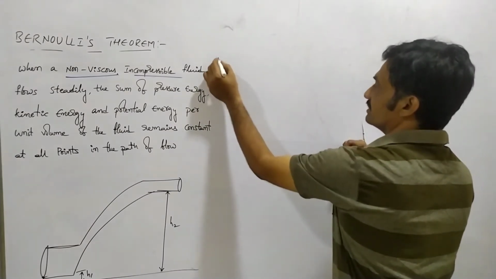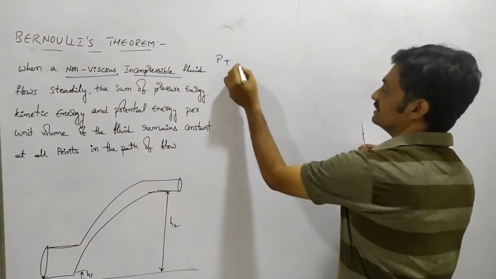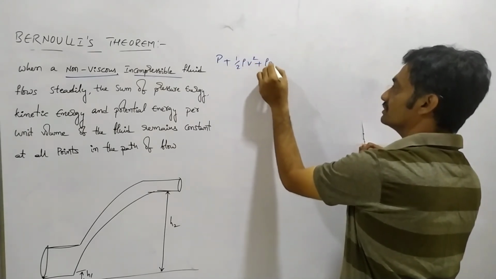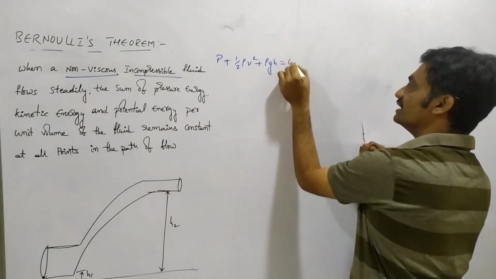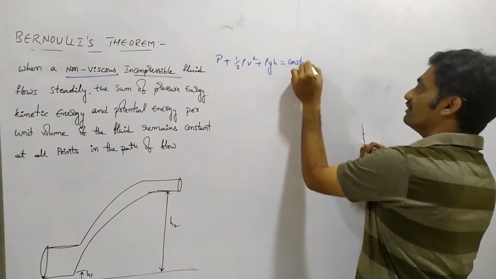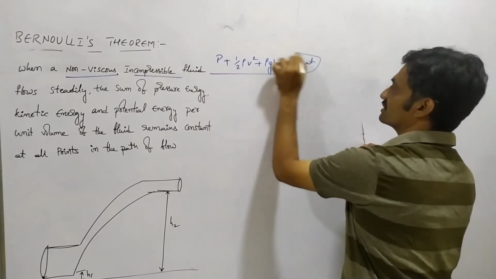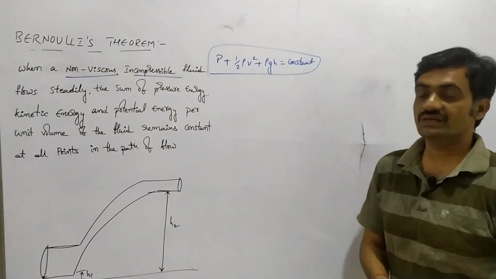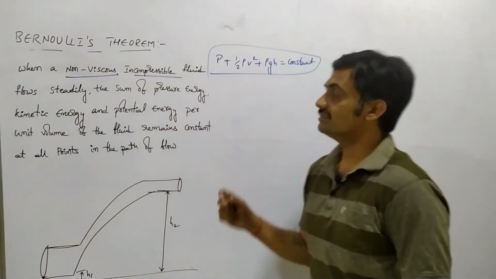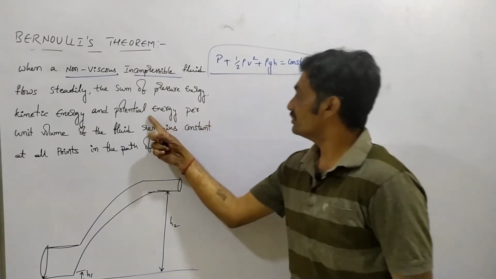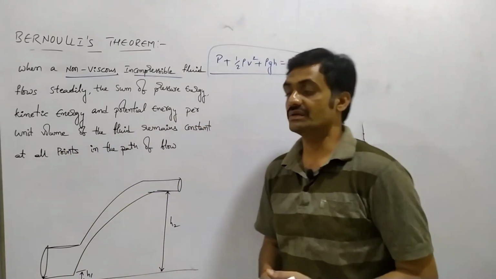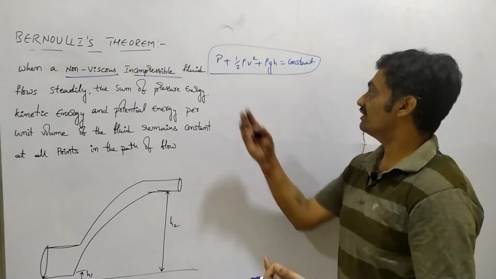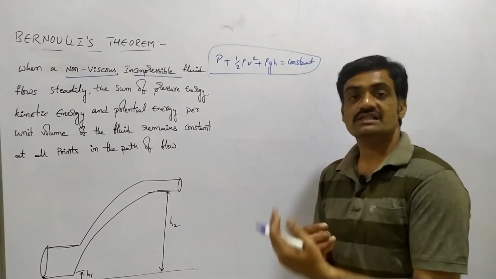Based on that, we can represent it as P plus half rho V square plus rho g h equals constant, and we have to derive this expression, where P is the pressure, half rho V square is kinetic energy per unit volume, and rho g h is potential energy per unit volume. It is equal to constant, nothing but the initial sum of energies equals the final sum of energies.